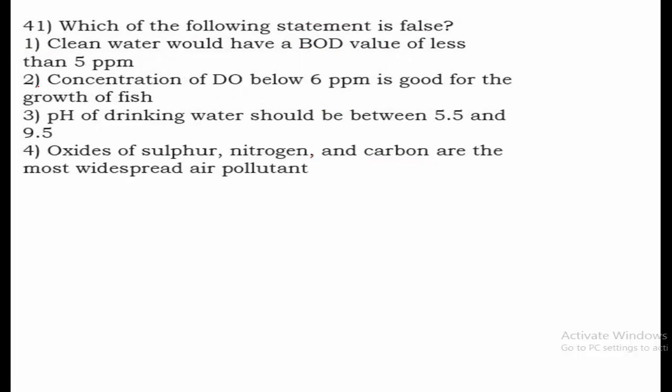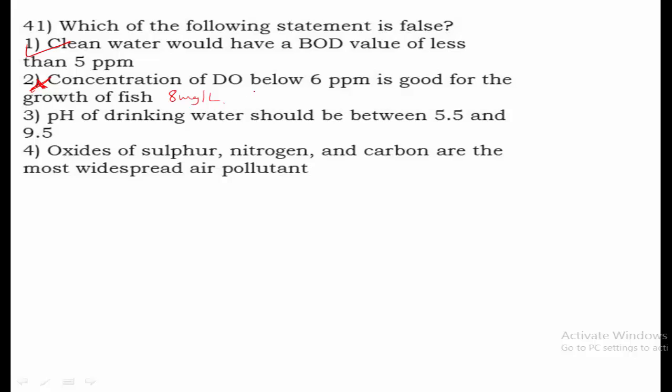21st, which of the following statements is false? Clean water would have a BOD value of less than 5 ppm. This is the correct statement. Then, concentration of DO below 6 ppm is good for the growth of fish. No, this is the wrong statement, because the ideal value of DO for growth of fishes is 8 mg per liter.